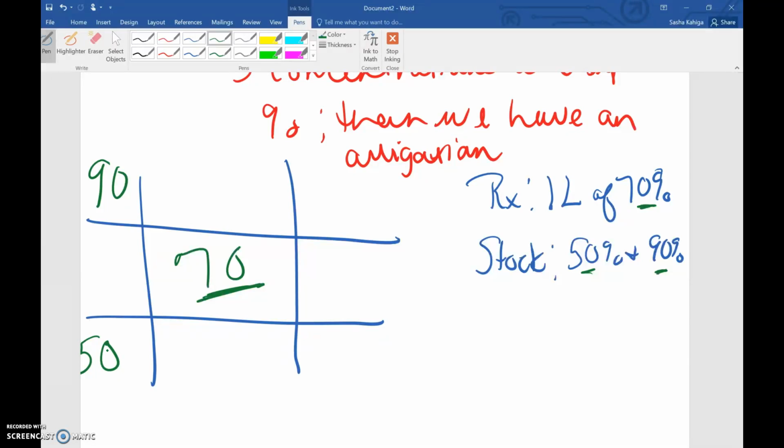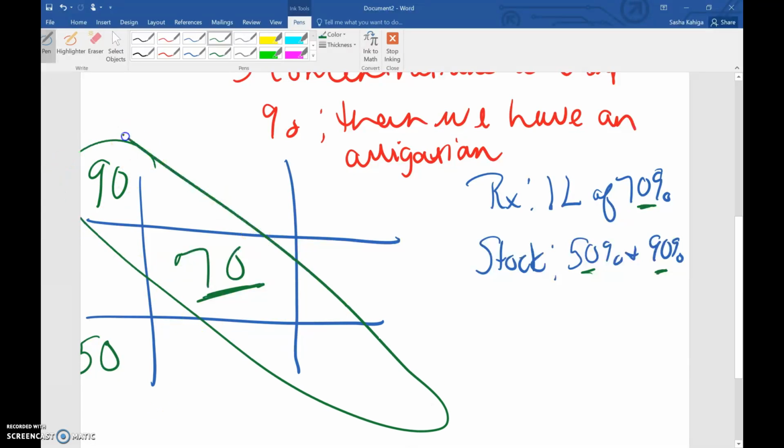So now that I know that 70 falls in between, you can now subtract diagonally. If I subtract 90 from 70, you get 20 parts needed for the 50%. You remember, you're subtracting diagonally, but you're reading it from left to right.